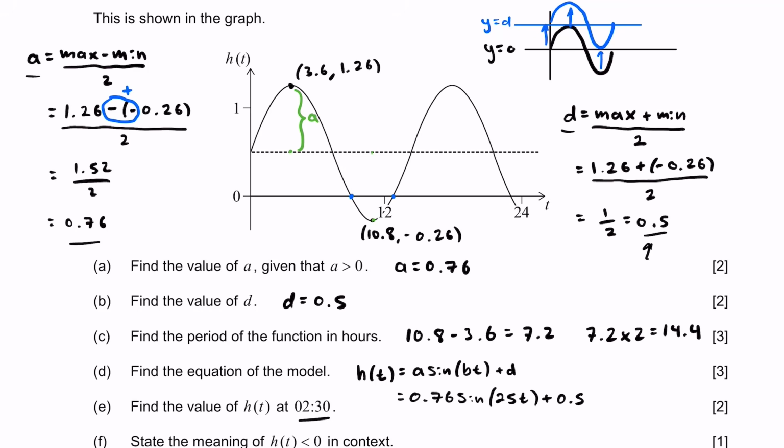the road. So looking at this, for this amount of time, right here from, let's say, T1 to T2, the water line is below the road.